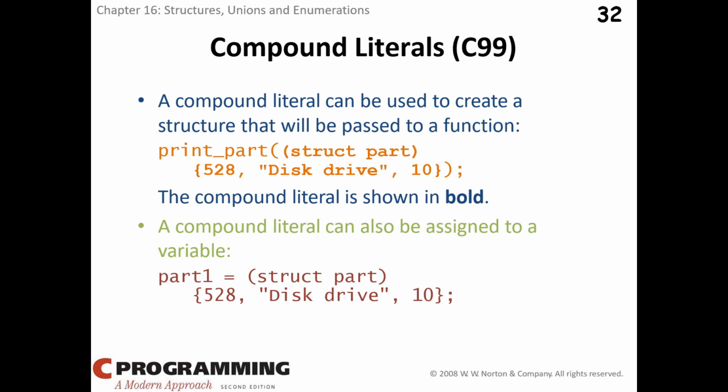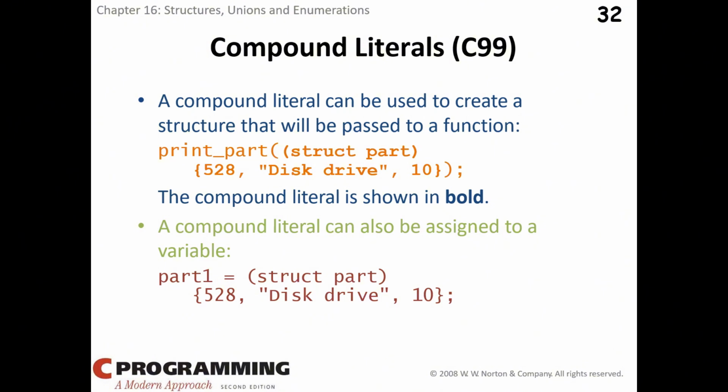In this example, the struct part enclosed by parentheses, with 528, disk drive and 10 enclosed in curly braces, is a compound literal representing a structure of type struct part, and the values 528, disk drive and 10 are provided as the initial values for the structure members. This compound literal is then passed directly to the print_part function as an argument.